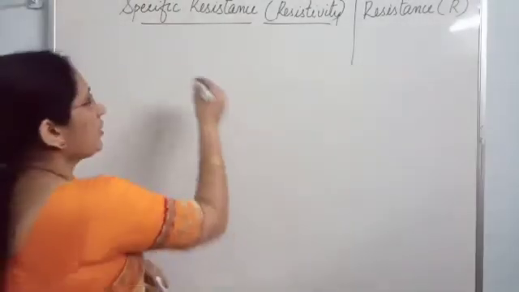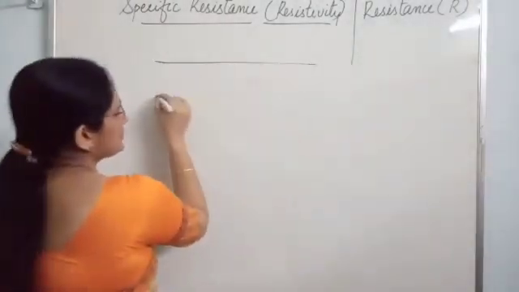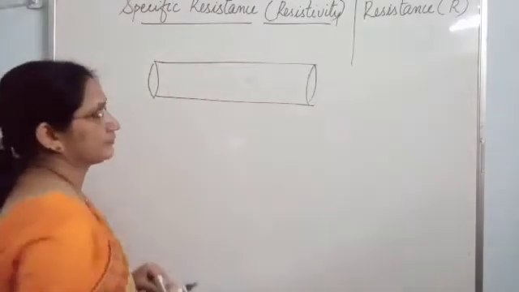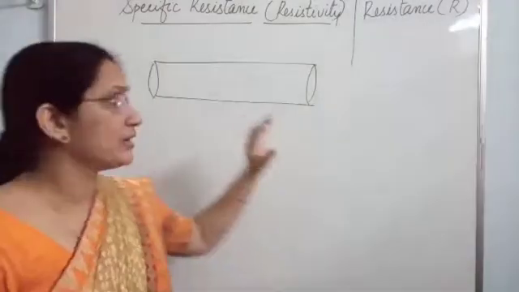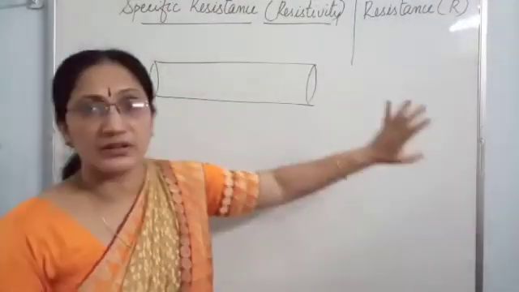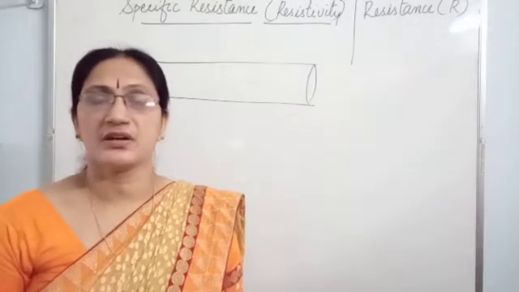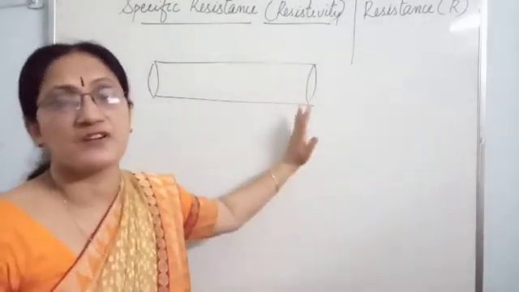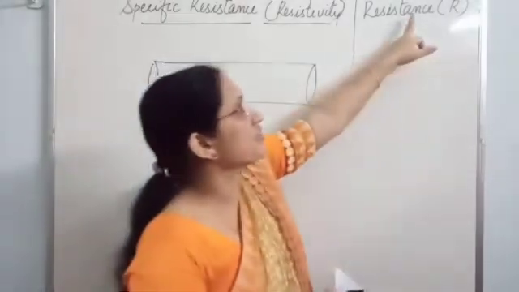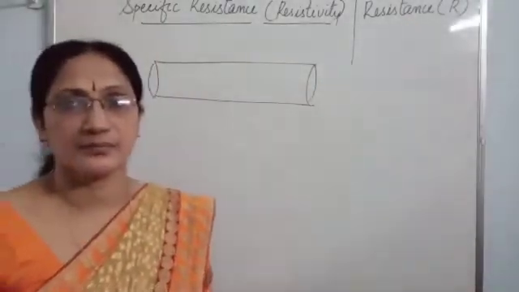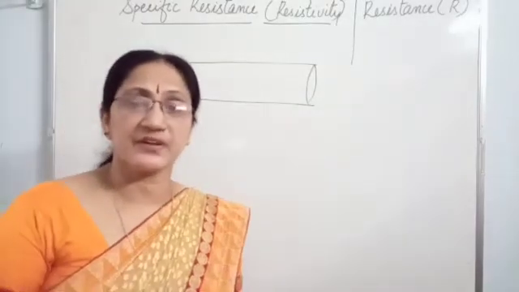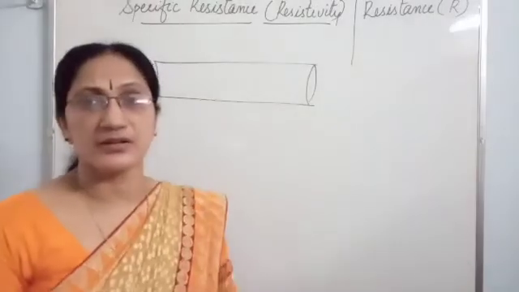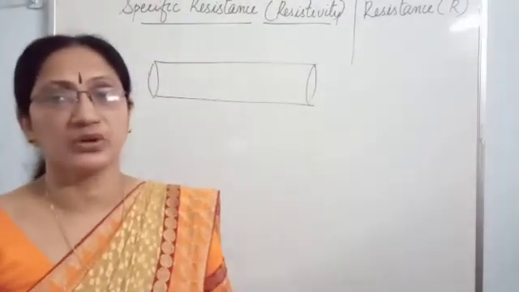To consider a long wire, listen to the example. Consider a long wire. When current is flowing through this wire, how much obstruction or opposition this material provides for the flow of current, that is known as resistance R. Specific resistance means you need not consider the whole length of wire, consider unit length of wire.